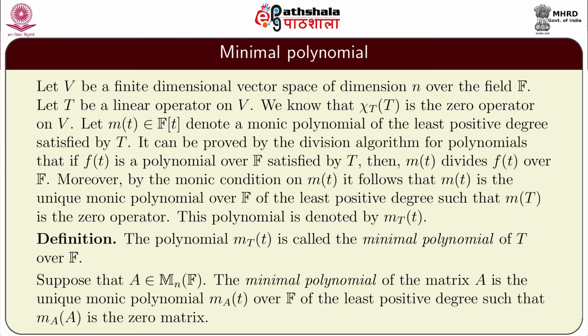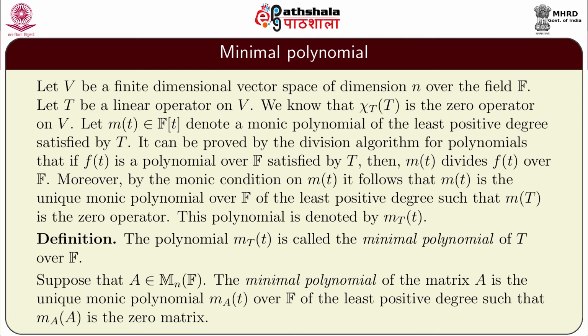First of all, we can use the division algorithm on f(t) and m(t) to write f(t) = q(t)m(t) + r(t), where q(t) and r(t) are unique polynomials, and the remainder r(t) is either the 0 polynomial or the degree of r(t) is strictly less than the degree of m(t). That is by the division algorithm.